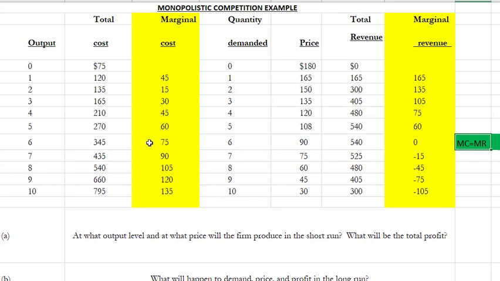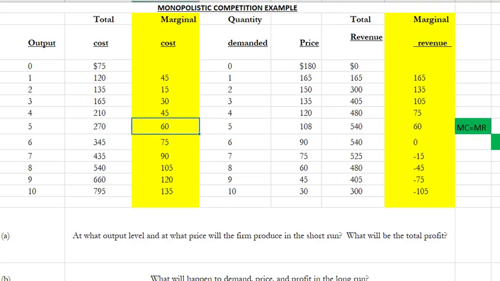Now this usually confuses students because they say, what do you mean where MC is equal to MR? I see some numbers that are equal. I mean the MC and the MR on that quantity line is the same. So watch me. At 1, this is 45 and this is 165. They're not equal. At 3, this is 30 and this is 105. They're not equal. Do you notice anywhere where they are equal? Look at 5.